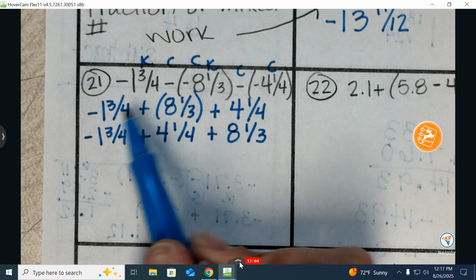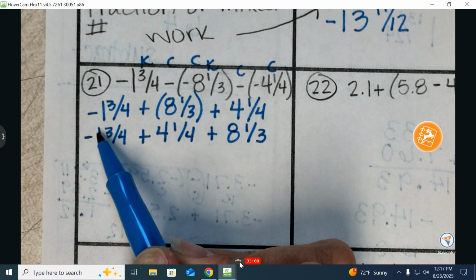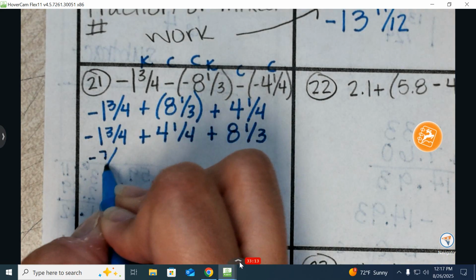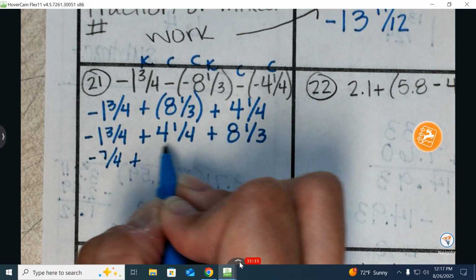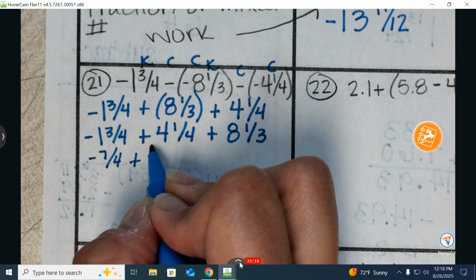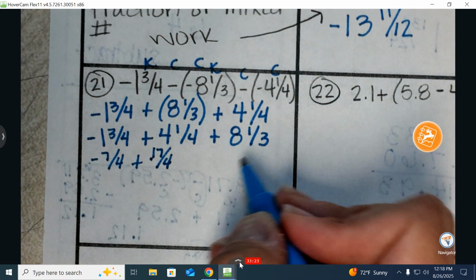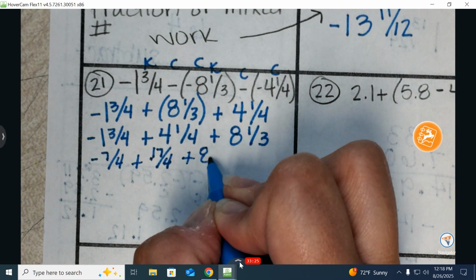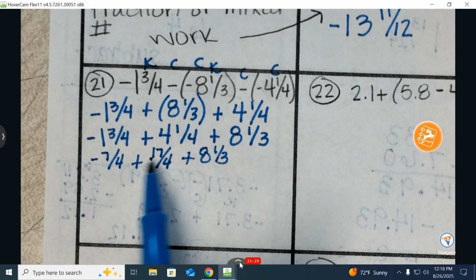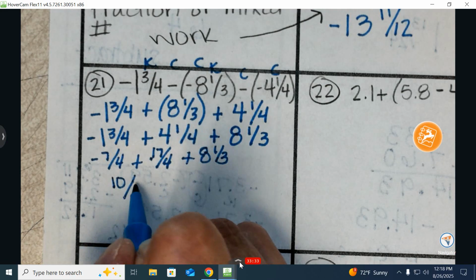You could go ahead and make them improper if you see that better. So 4 times 1 is 4 plus 3, negative 7/4 plus 4 times 4 is 16 plus 1 is 17/4 plus 8 1/3. Okay, well, adding with unlike signs, I subtract. So 17 minus 7 is 10/4.